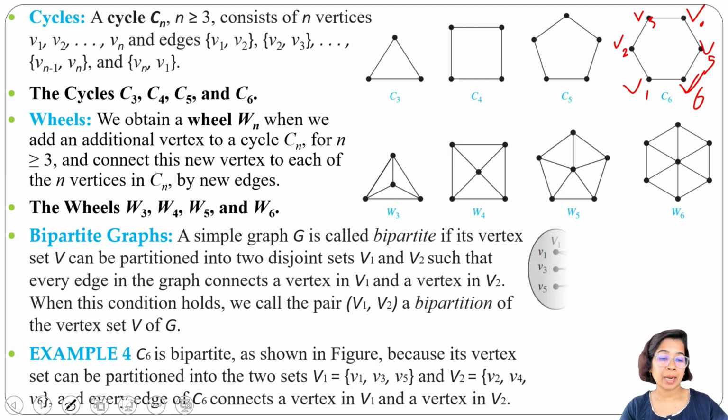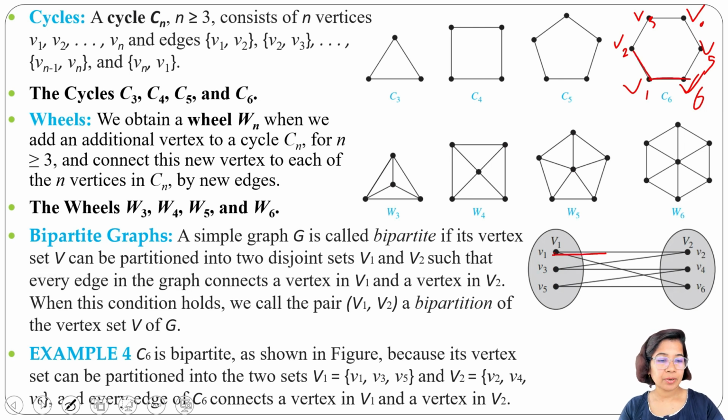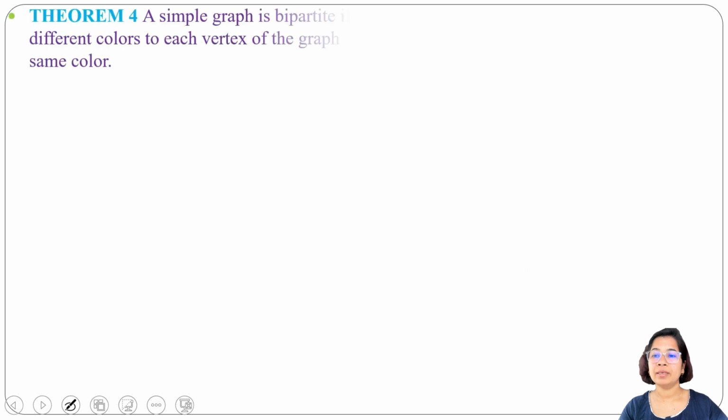So it's bipartite. V2 is adjacent to V1 and V3, so there are edges from V2 to V1 and V2 to V3. Then there are edges from V3 to V2 and V4. As we can partition this set of vertices into 2 parts and there are edges from one part to the other, hence C6 is a bipartite graph.